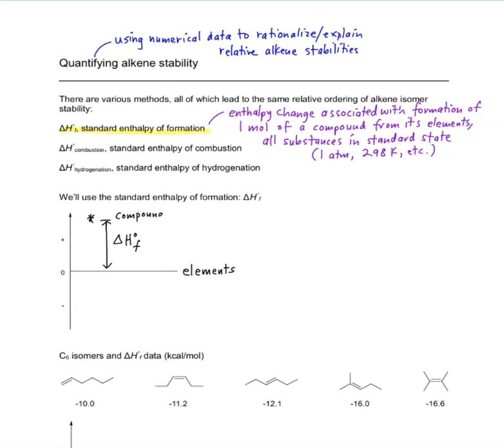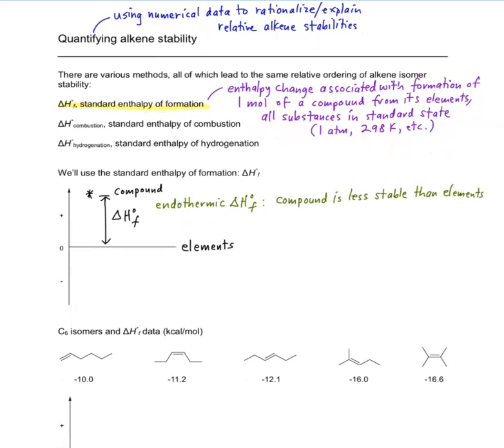Here's the energy of the compound. And the difference between the compound and the elements would be the delta H of formation. This would be an example of an endothermic heat of formation, meaning that the compound is less stable than its elements. And so that's going to have a positive value. And we can see that over here on the left side because of this plus.